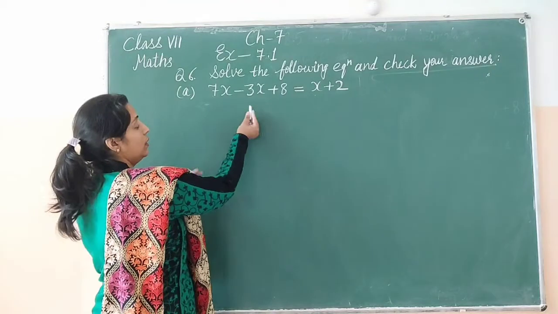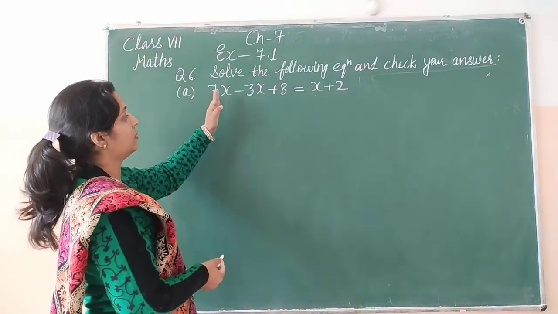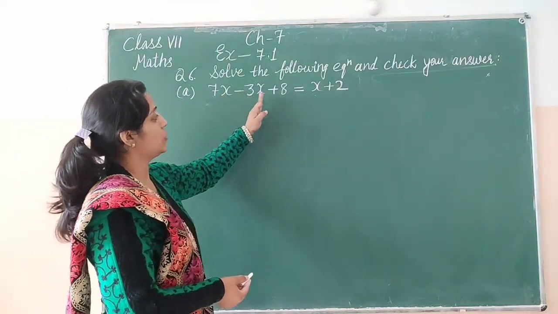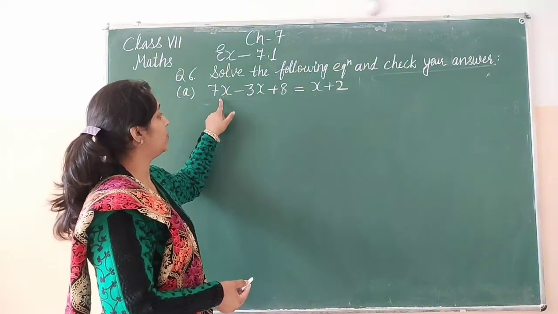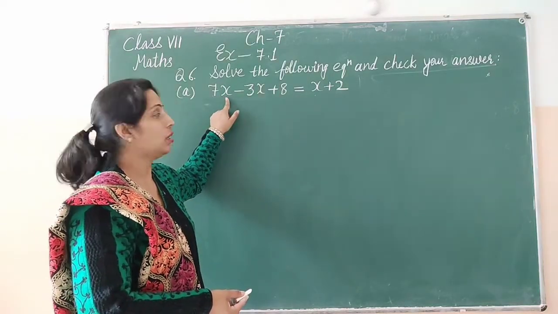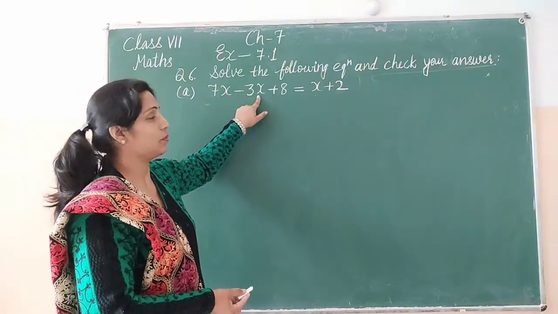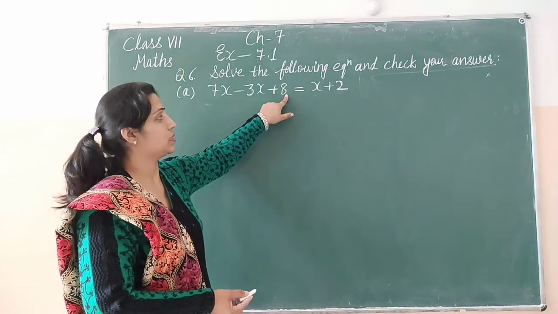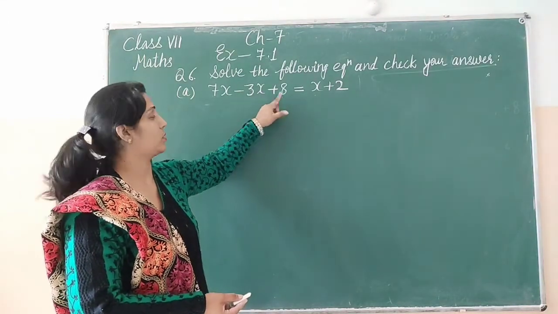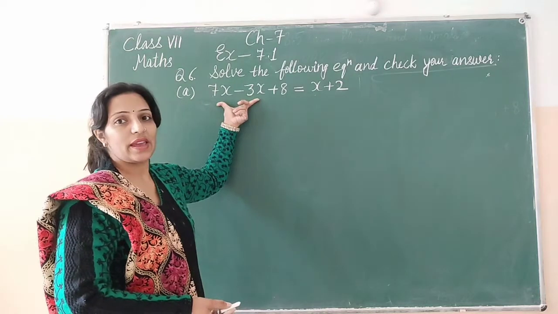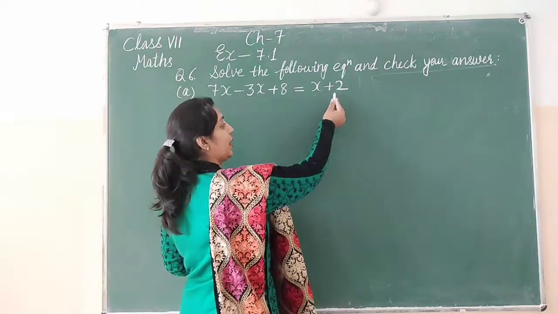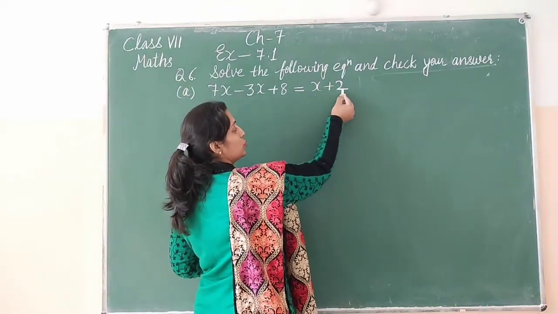You can see that on left hand side 7x minus 3x plus 8 means variable is in the two terms. First term is 7x, second term is negative 3x, third term is plus 8. This is constant. These two terms are having variable. On right hand side, x plus 2.